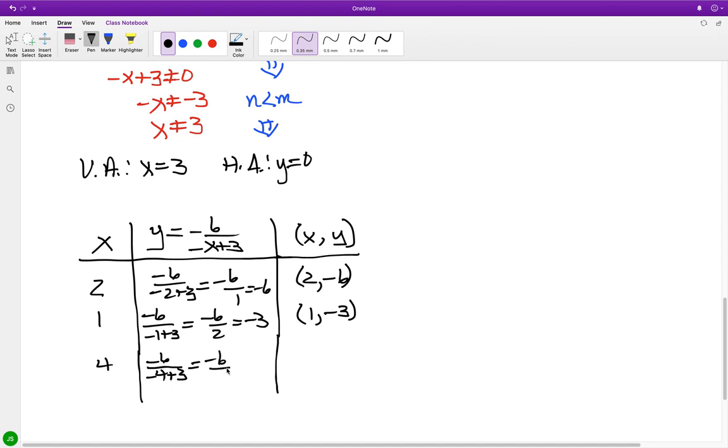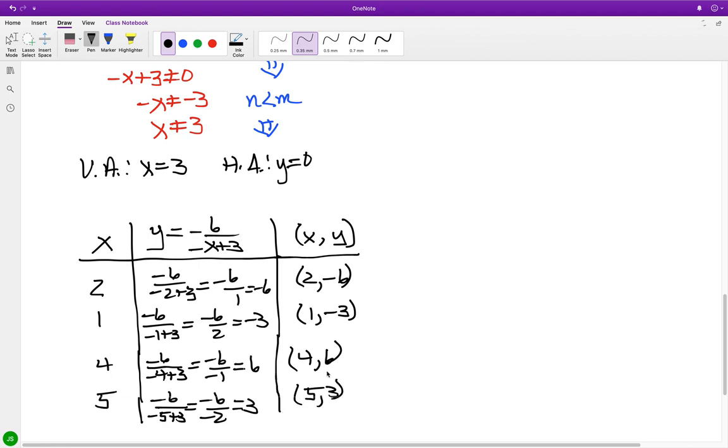So I have negative 6 over negative 1, which will come out to positive 6. So we have 4, 6. Now if I go with x at 5, we have negative 6 over the negative of 5 plus 3. So I have negative 6 over negative 2, which will be a positive 3. And with the ordered pair, I end up at 5, 3.